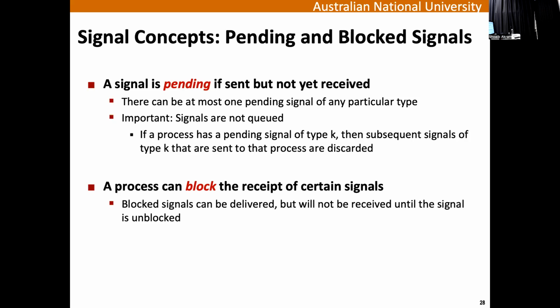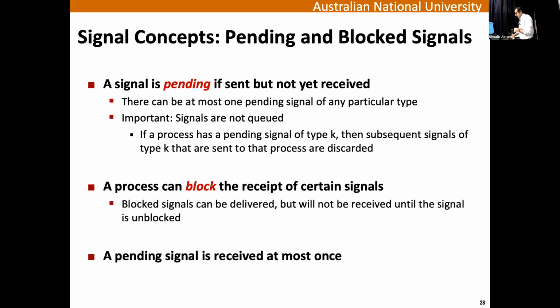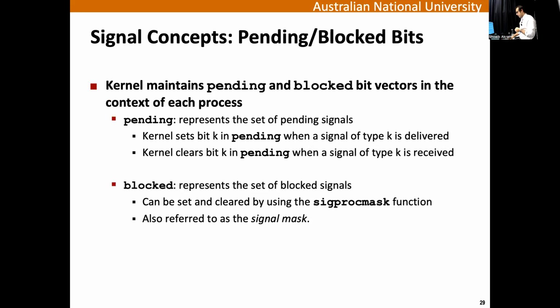When the kernel delivers a signal to a user process and a signal handler is running, if there are more signals of the same type, the kernel does not notify the user process. They are blocked and they are dropped. A pending signal is received at most once.